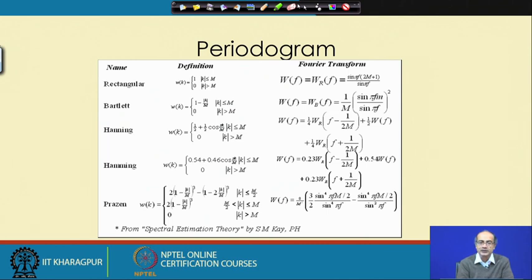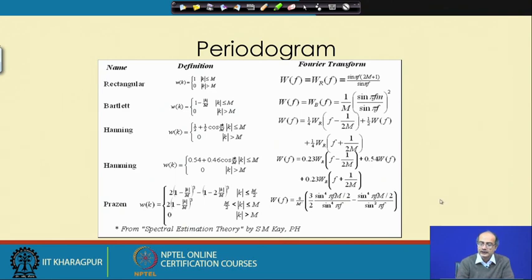Again, if the separation of them is less than the main lobe width, these two harmonics can become merged. So, you will not be able to separate two harmonics as two different ones, they would look like one single frequency in the periodogram.